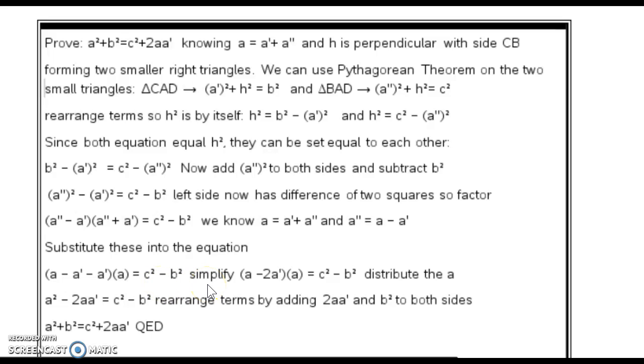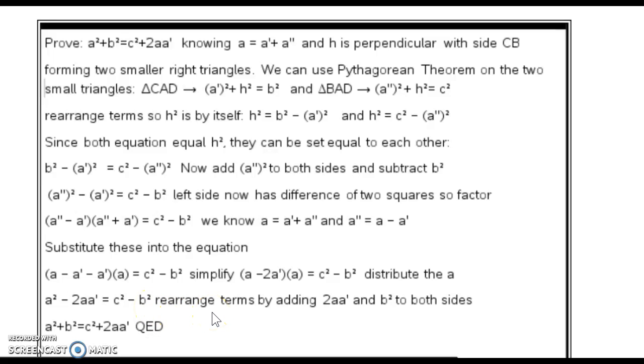So we simplify that. So we have A minus 2A prime times A equaling C squared minus B squared. Now we distribute the A and we have A squared minus 2AA prime, which is something we want, equals C squared minus B squared.